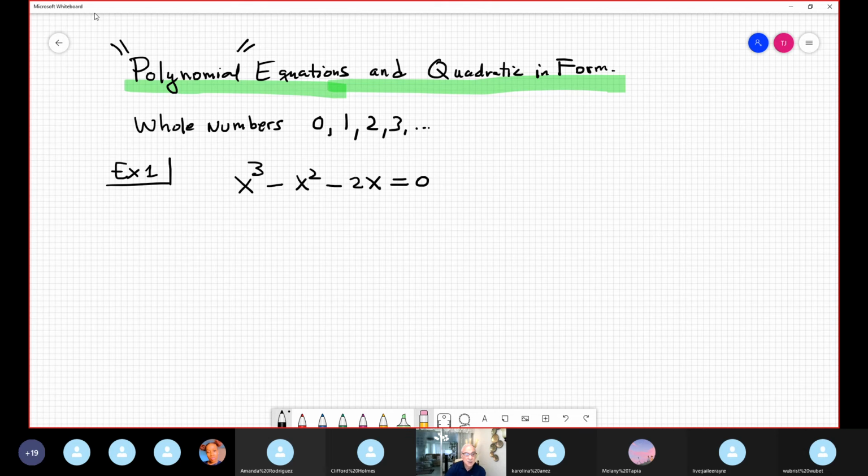By the way, this equation is expressed in standard form because the right-hand side is 0 and it is organized in descending order of the degree: 3, 2, 1, and not 0 in this case. Now, for an efficient way of solving, there is no formula. Well, there is a formula, but the formula is crazy.